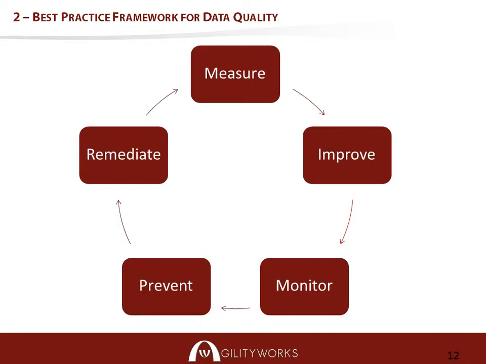We begin this cycle with the notion of measure, at the top. What the cycle intends us to do is begin with some simple analysis, robust but perhaps not automated.